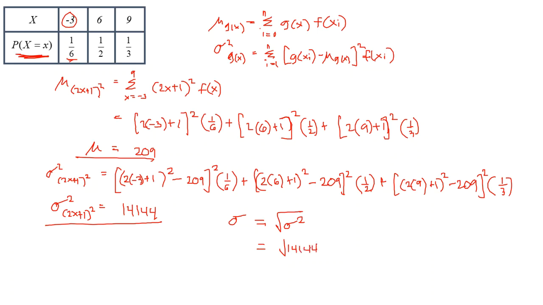That gives us 118.93. So this is now our standard deviation. You have to remember, the symbol for standard deviation is just like the variance, but without the squared sign.